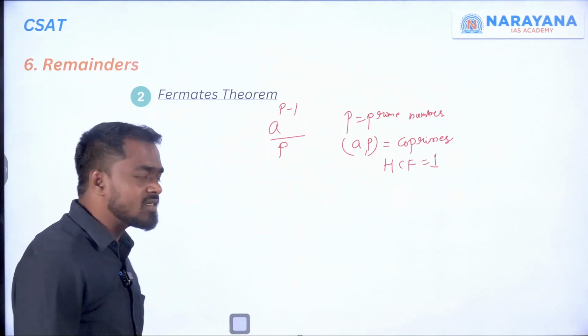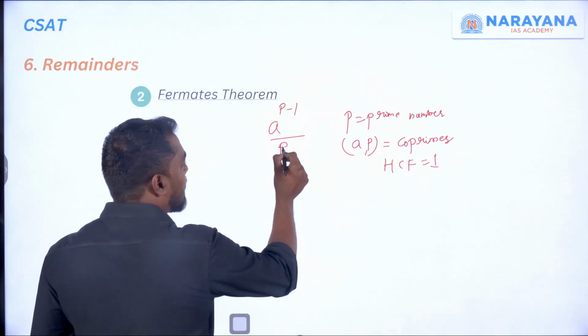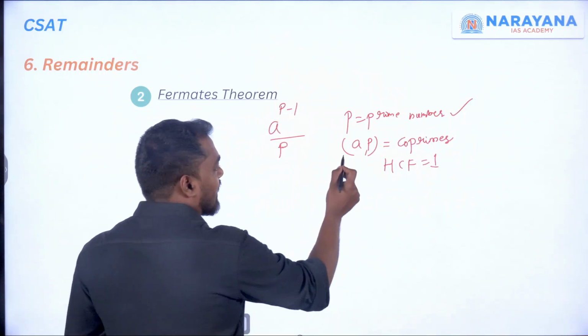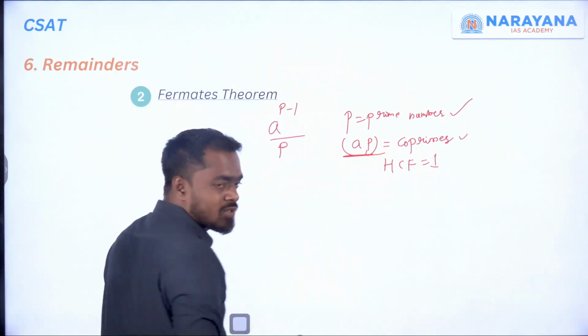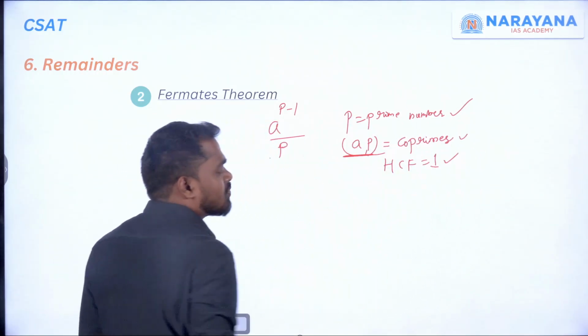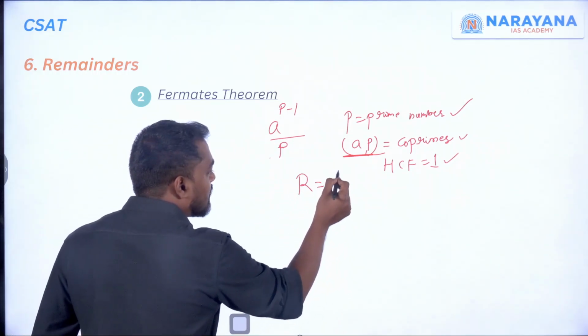So what are the conditions? The form is a to the power p minus 1 divided by p. p should be a prime number. a and p should be co-primes. So that means HCF of a and p is 1. In this case, always the remainder will be 1.